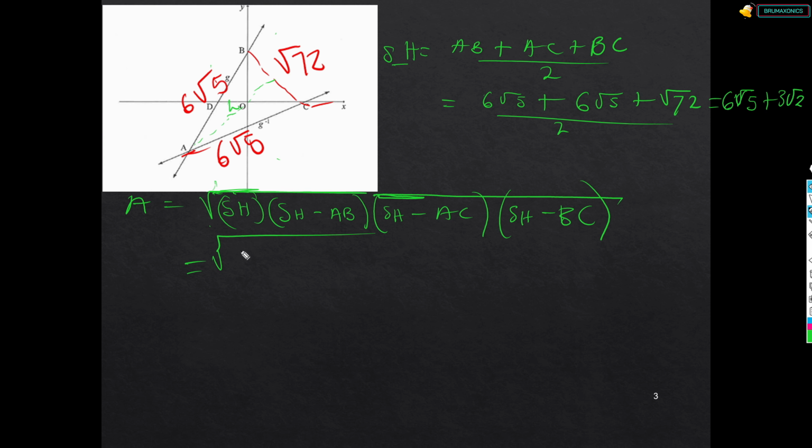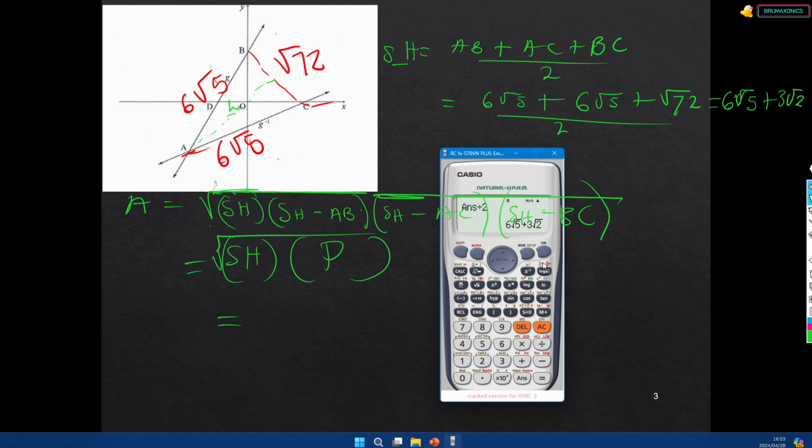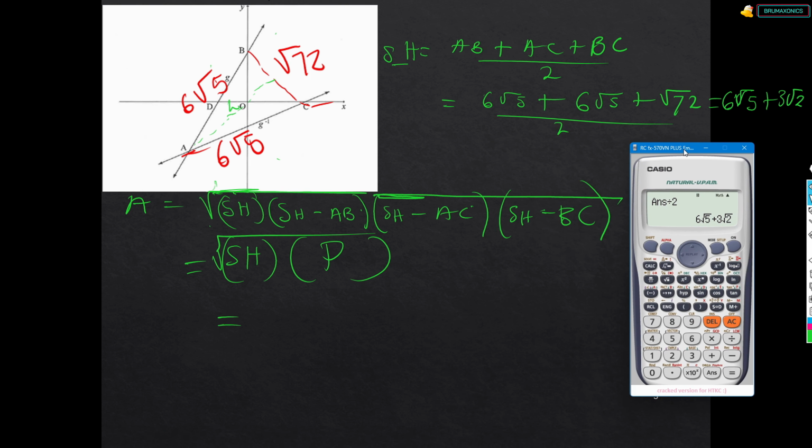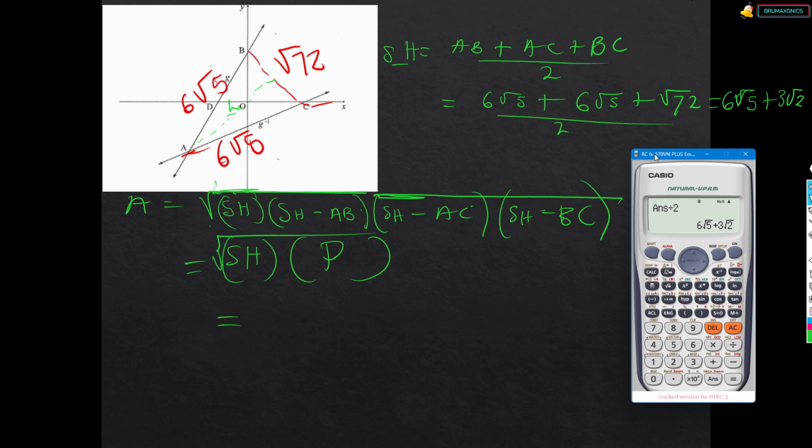So remember, we have SH, and then multiply the product of 1, 2, 3. So I can say that's the product, which is equal to the final answer. I don't want to squander our time. You can practice with other questions and check the memorandum. They might not use this formula, but this formula will help you to save time and also to know that you'll always get the area of a triangle.